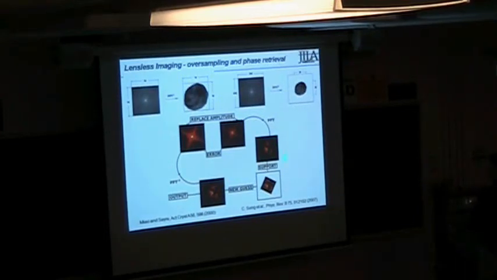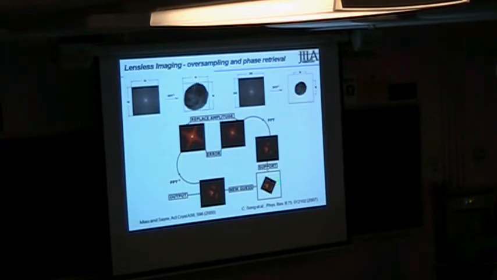So you start out by taking a Fourier transform, and you get something that will probably look much less like the object than this. And then we apply what we know, that the sample is isolated and basically restricted to some size spatially.